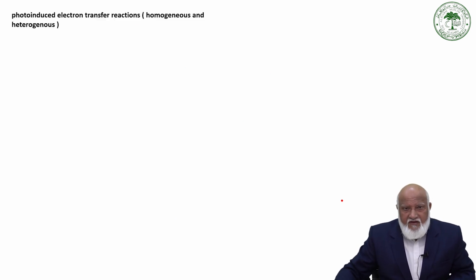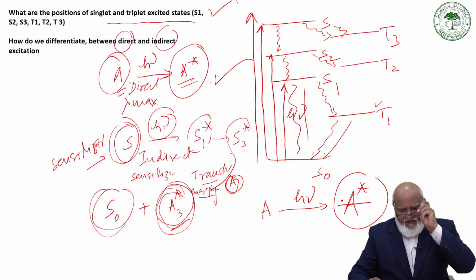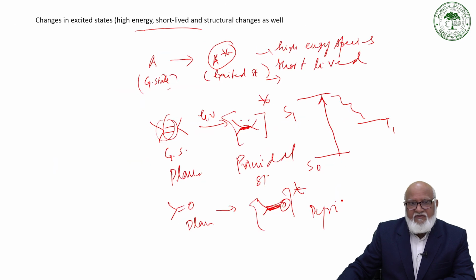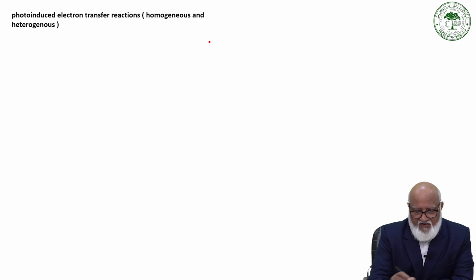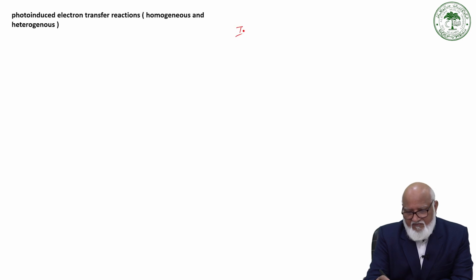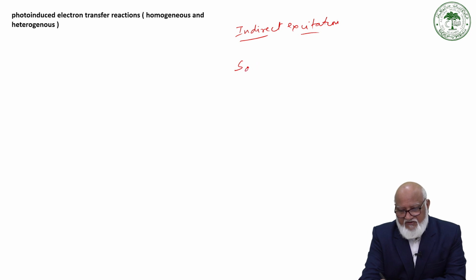Now, as I have mentioned here, indirect excitation can be brought about by energy transfer. For example, for indirect excitation, we need a sensitizer in the ground state.